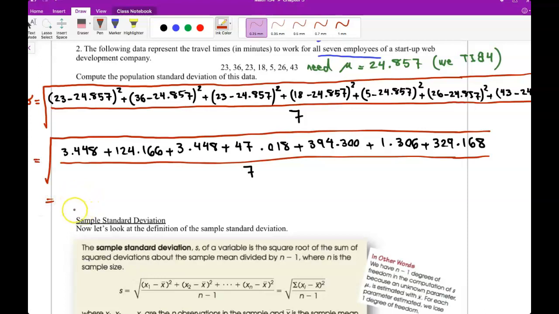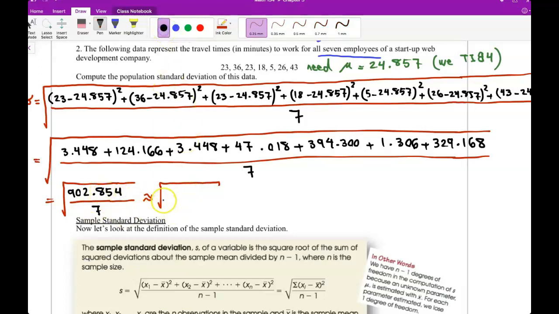Okay, so that is equal to, adding all these numbers on top is 902.854 divided by 7. So divide and then use a square root. First I'm dividing it and running the output.